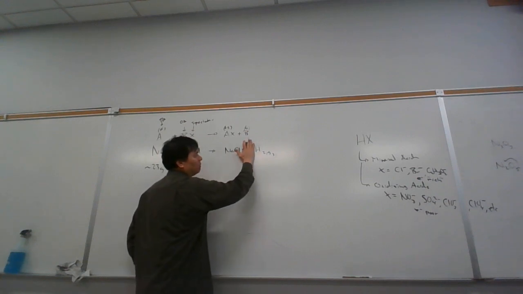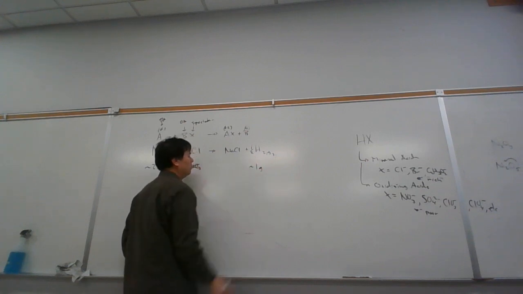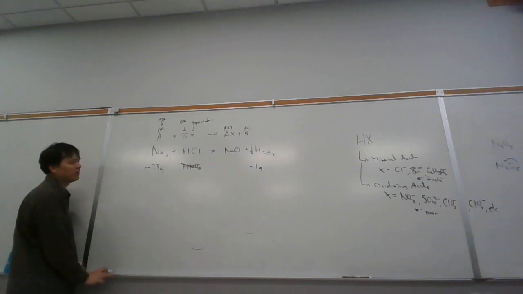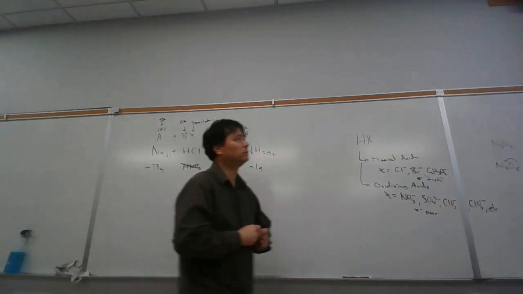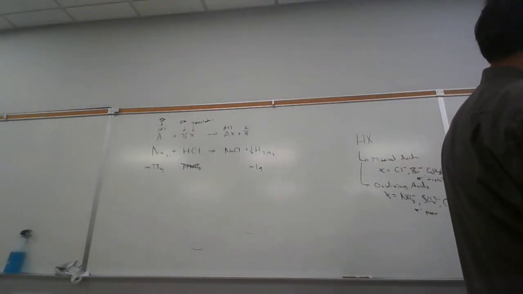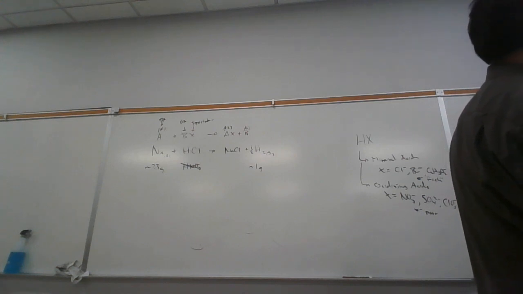Well, 1 mole weighs 2 grams, so half a mole weighs about 1 gram. So 23 grams of sodium will produce 1 gram of hydrogen. Okay, let's see what the next one is. I don't know if that's too detailed, but that's what I do.